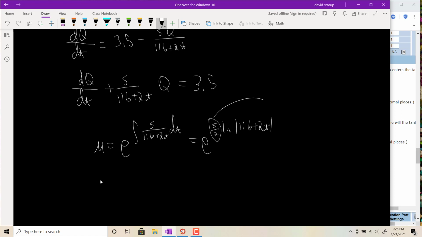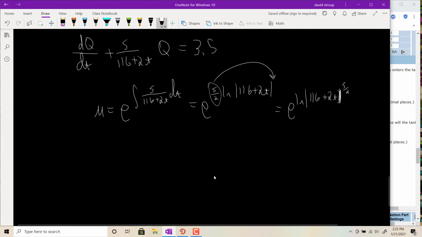Then you could use the power rule to bring this up, and you get e to the ln of (116 plus 2t) to the 5/2. Assuming time is positive, you don't have to worry about the absolute values. The e and the ln will cancel, and you're just left with (116 plus 2t) to the 5/2.